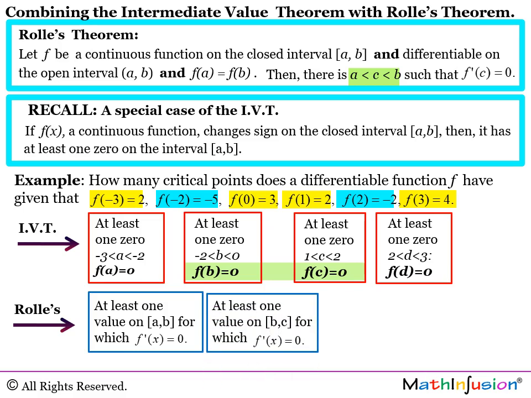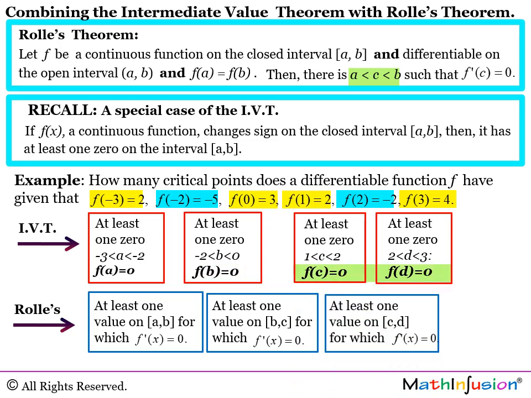So by Rolle's theorem, there must be at least one value between b and c for which the derivative of the function is 0. This is another critical number. And the same happens here. We can see that there are at least 3 critical points of the function between -3 and 3. There may be more, I don't know, but there are at least 3.